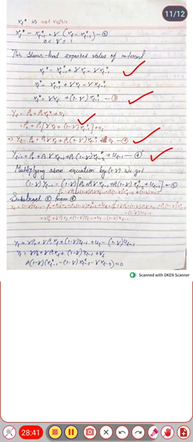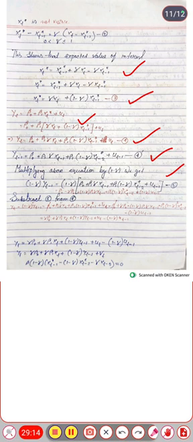Taking a one period lag for equation number 4, that is Yt minus 1 equals beta naught plus beta 1 gamma Xt minus 1 plus beta 1 times 1 minus gamma Xt minus 2 star plus ut minus 1. Multiplying the above equation by 1 minus gamma, we get equation 5.